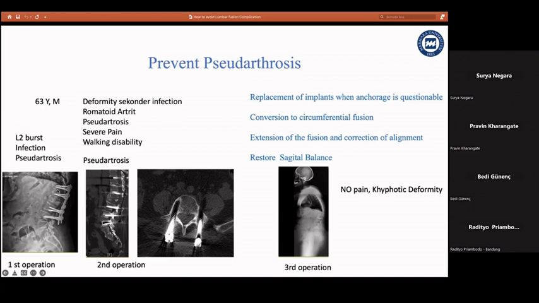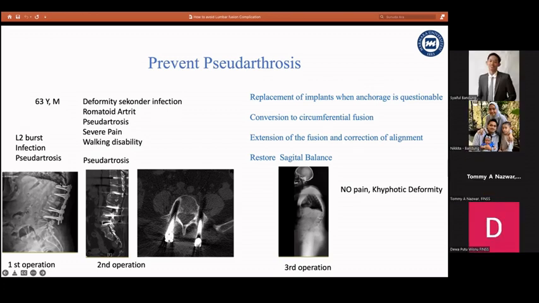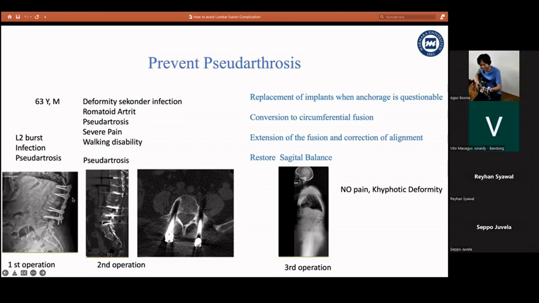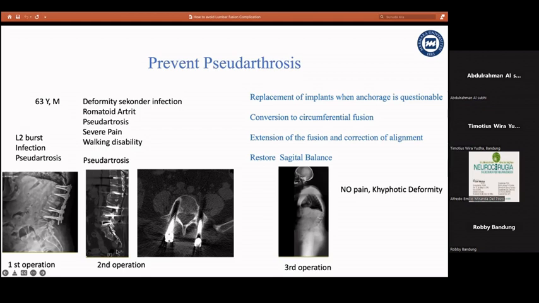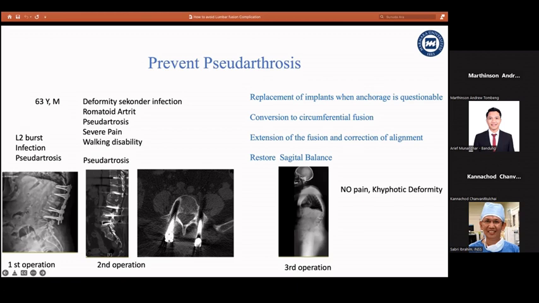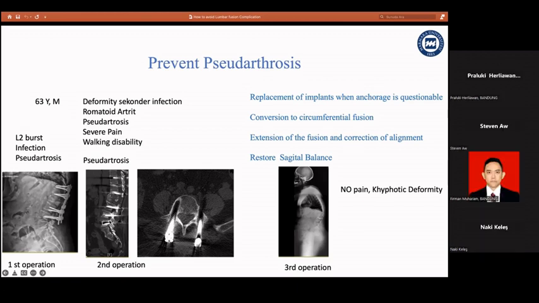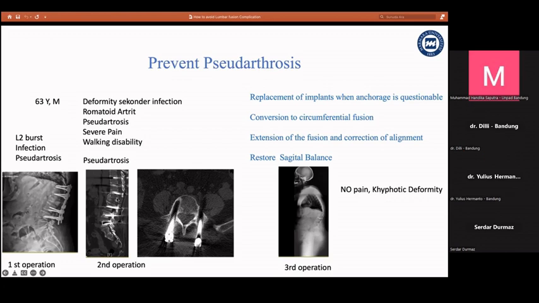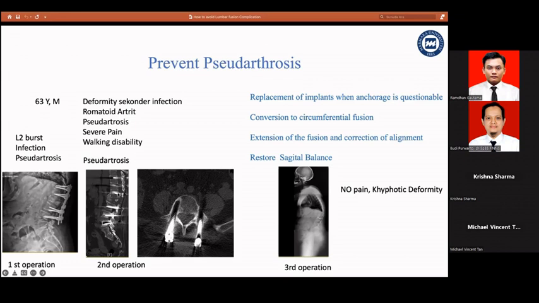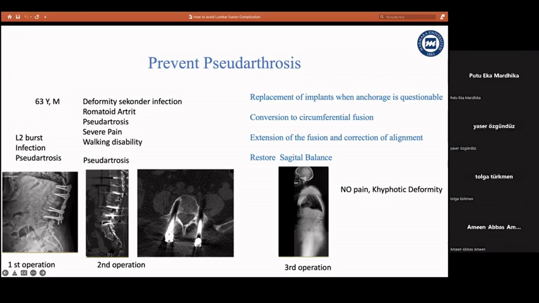This is an unbalanced spine. After the operation, one month later, she got an infection. Again she was operated a second time, and again screws were put one level superior and one level inferior. Again, no interbody graft or anterior support, and no correction of sagittal balance. Again we see non-union here.